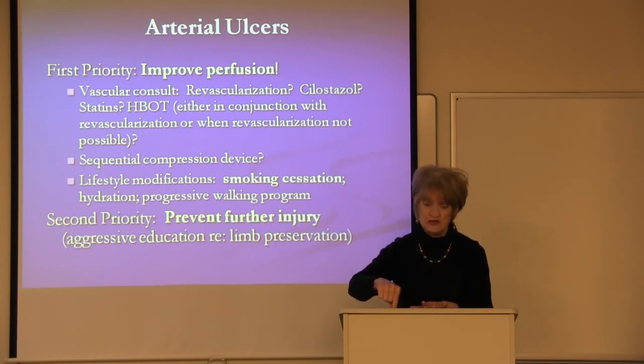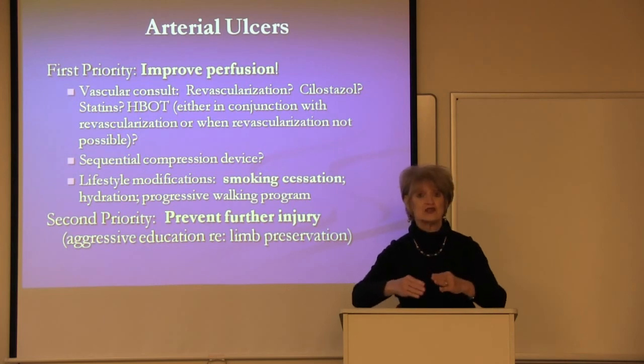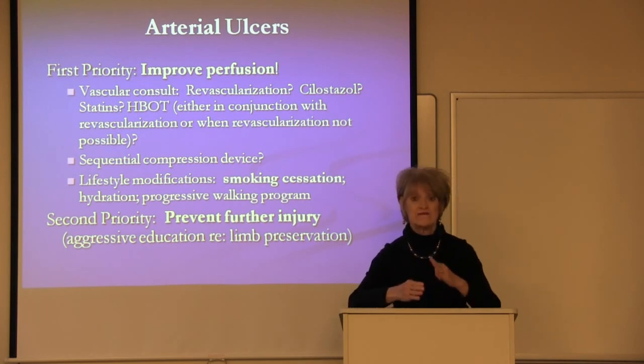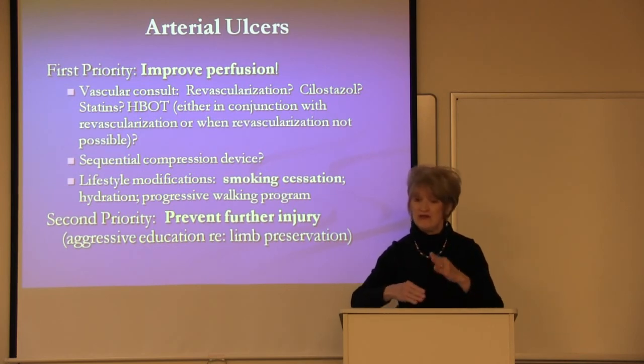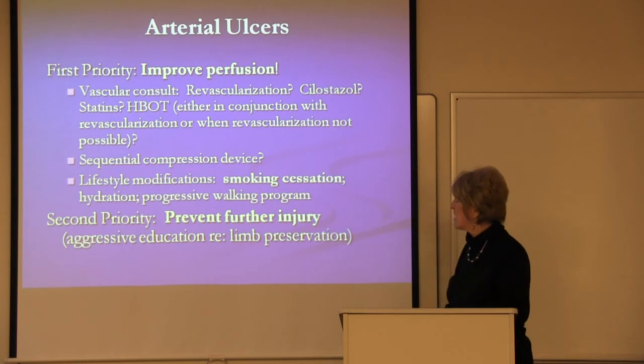So you go back to what we talked about when we talked about use of hyperbaric oxygen therapy. And what do we say? How does it work? It hyperoxygenates the plasma, so anywhere the plasma goes, oxygen goes. So the vascular surgeon may very well first do a revascularization procedure, place stents, whatever, and then send the patient for hyperbaric oxygen therapy.